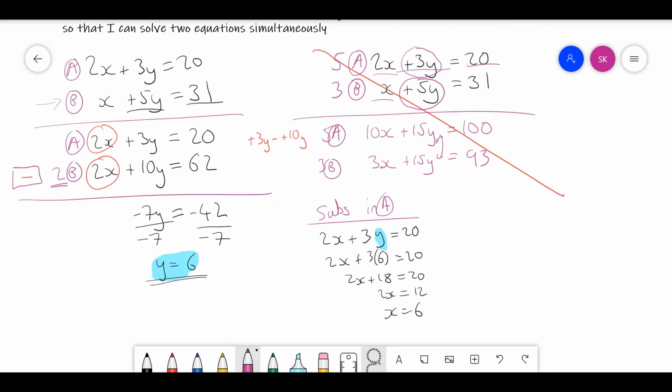But if I subbed in A, I check in B. x plus 5y equals 31. Notice I'm not checking in this second B here, the one that I've created by timesing everything by 2. I'm checking in the original B, this one here. Always check or substitute into the original equation.